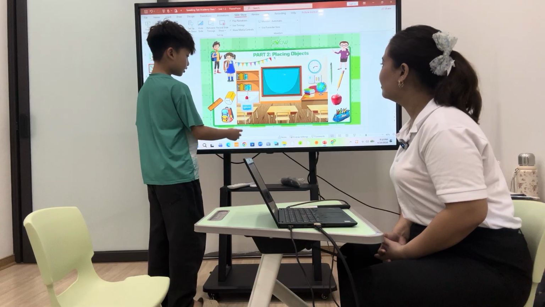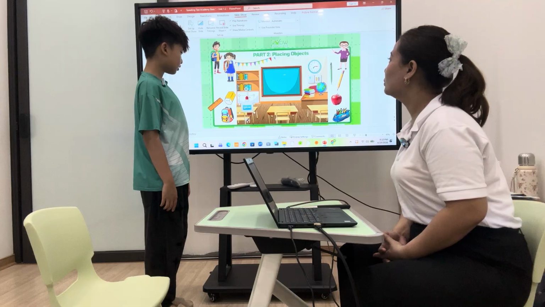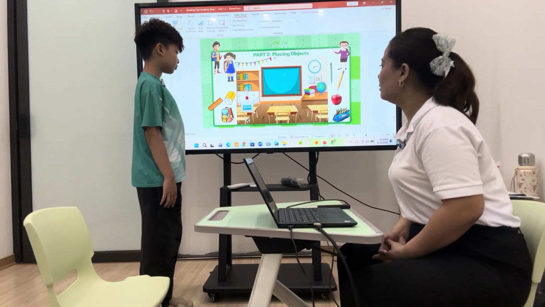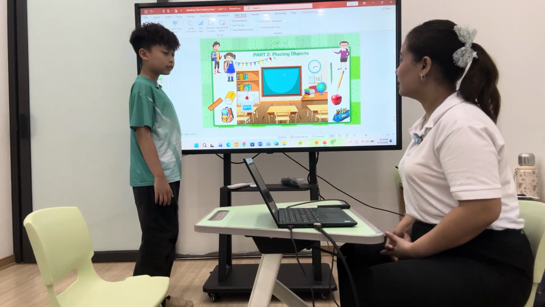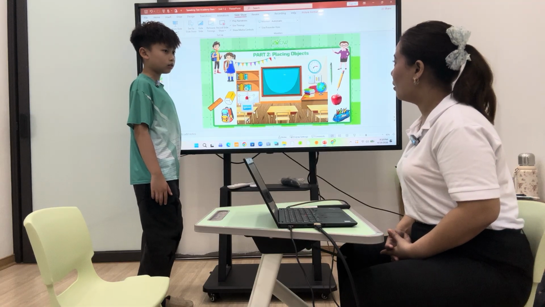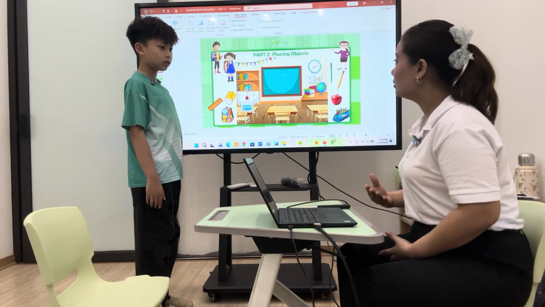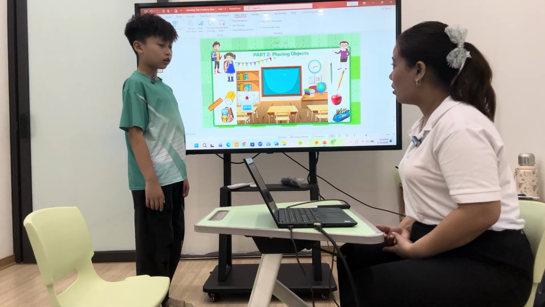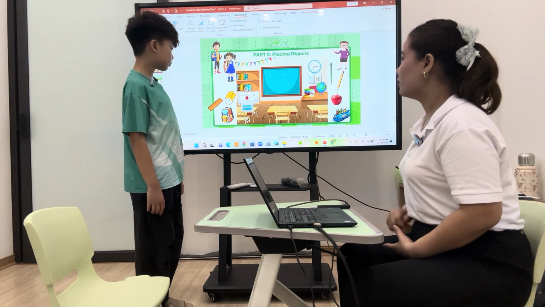It's a glue. Okay, where is the glue? The glue is on the table. Okay, good job.